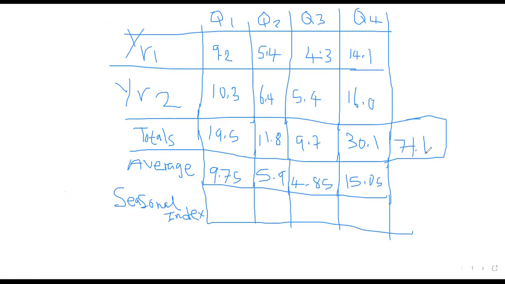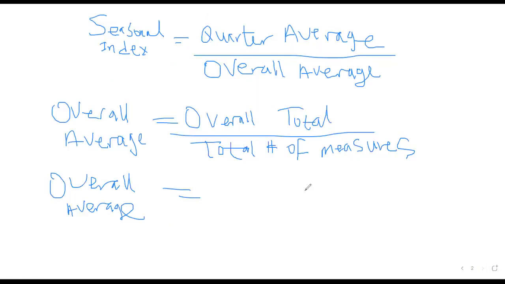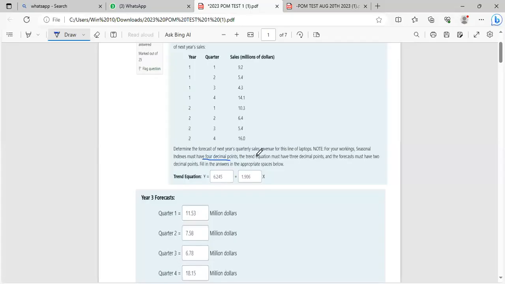That's the overall total there. So overall total over the total number of measures, there were 8. So meaning we are getting 8.8875. Now, from here, the examiner actually mentions that we determine the forecast of next cells.